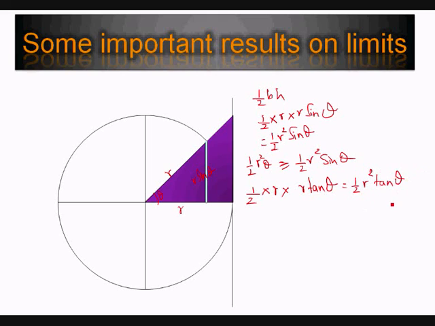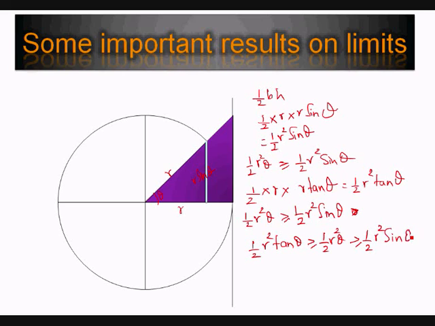Obviously this is the biggest triangle when you compare it to the sector and the other green triangle. Therefore we have half r square theta is greater than or equal to half r square sine theta, and we have half r square tan theta to be the greatest of all the three. Therefore the inequality goes like this.